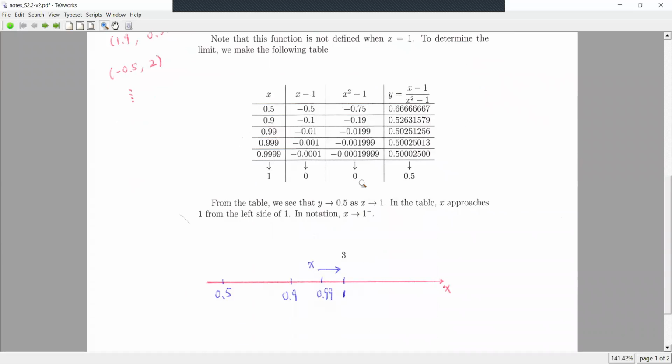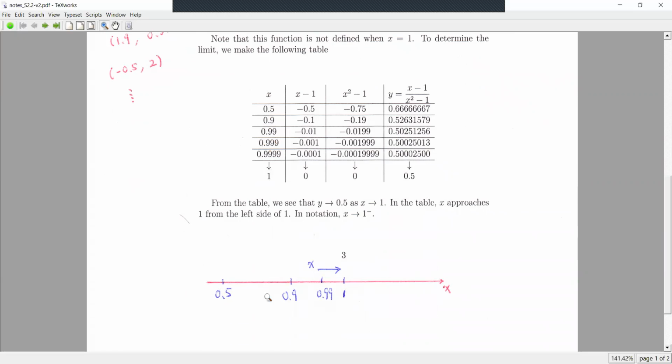In this table, I let x approach the number 1 from the left-hand side of the number 1. Here, I plot these numbers on the number line. Suppose this point is 1. 0.5 is here.